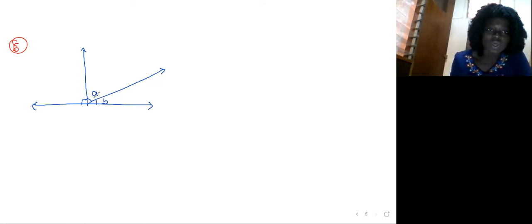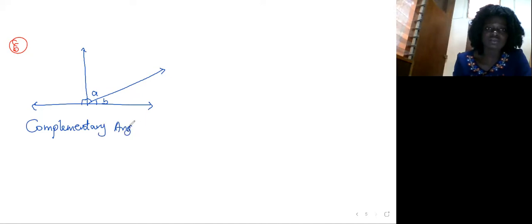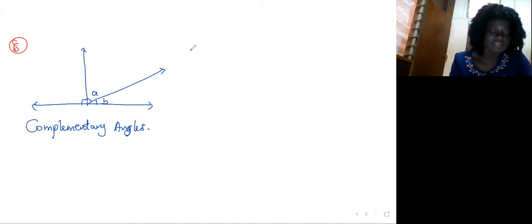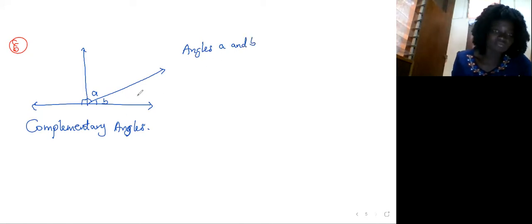This angle is called a complementary angle. A complementary angle or complementary angles, okay? And what can we say about it? Let's write it. Angles A and B are complementary.